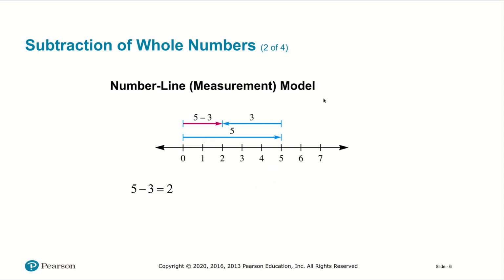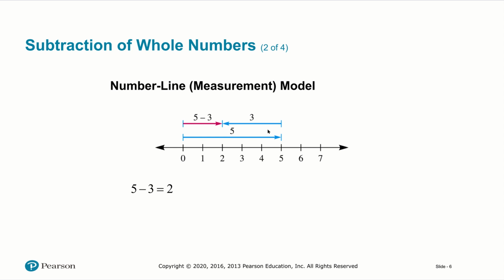For the next model, which is called the number line model, we basically start with the first number and it's a positive 5, so we know we put the end of the arrow at 0 and the tip goes at 5.